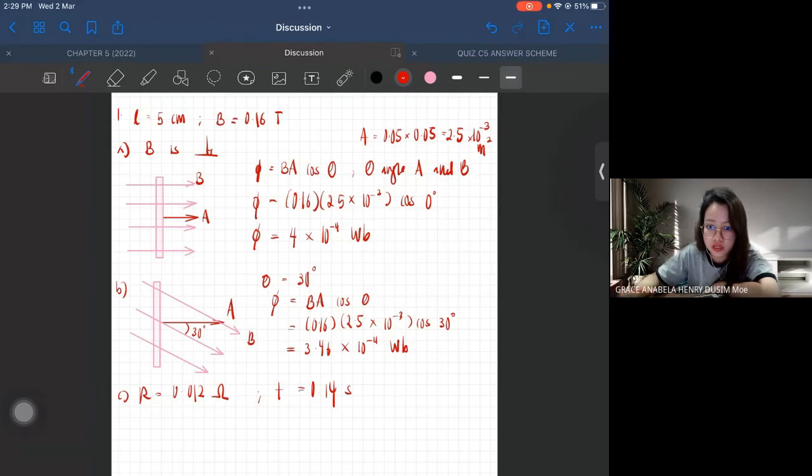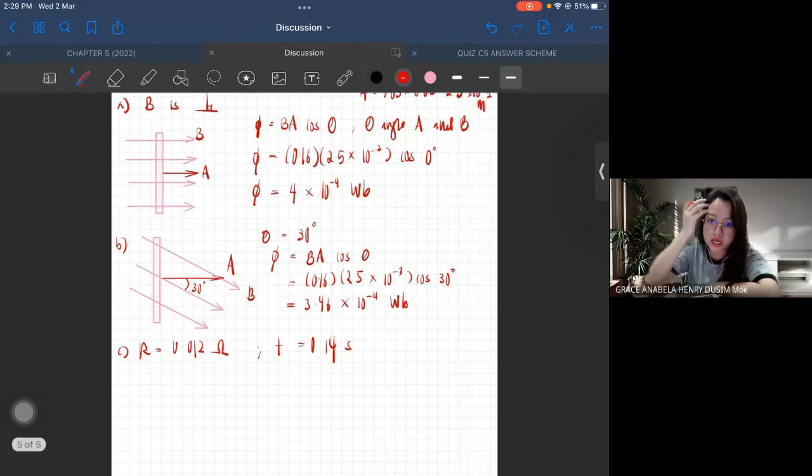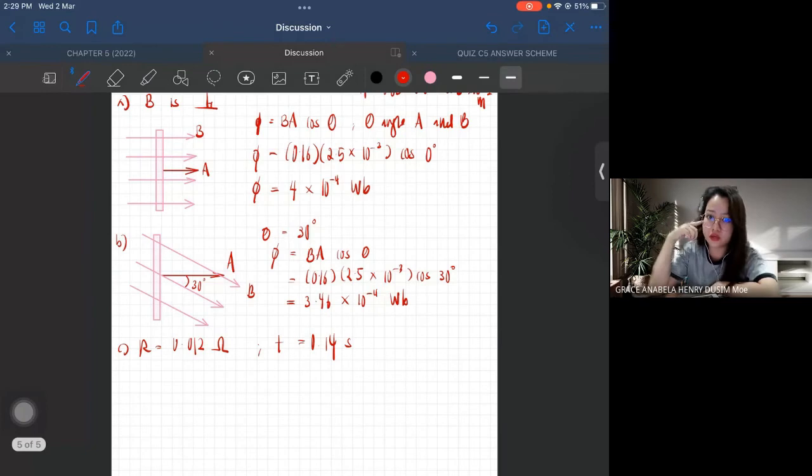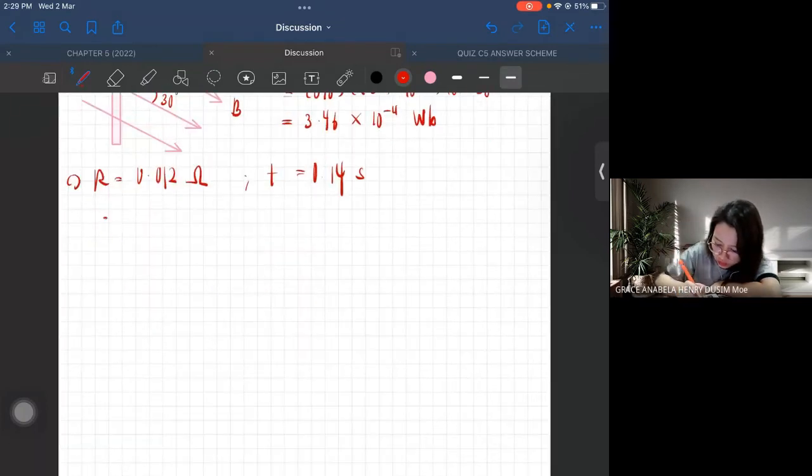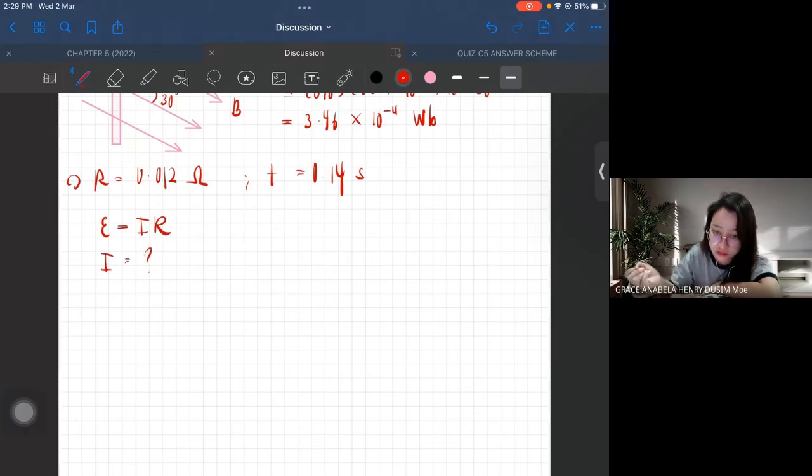So now we need to find the current. For this question, we use E equal to IR because we are looking for the current.